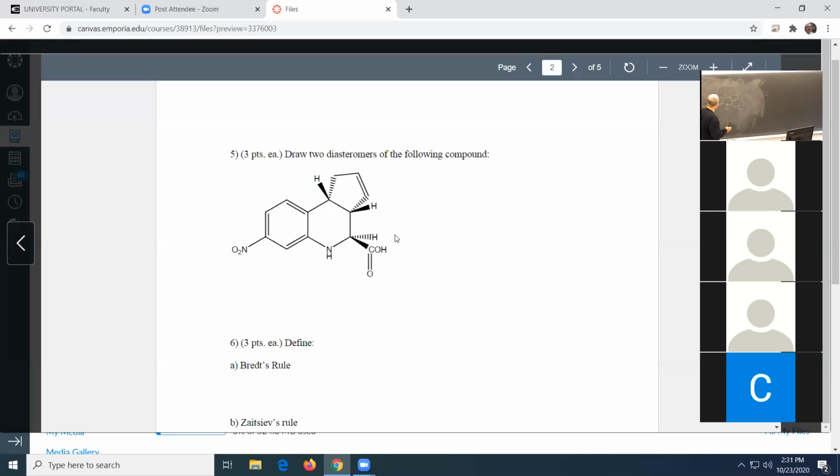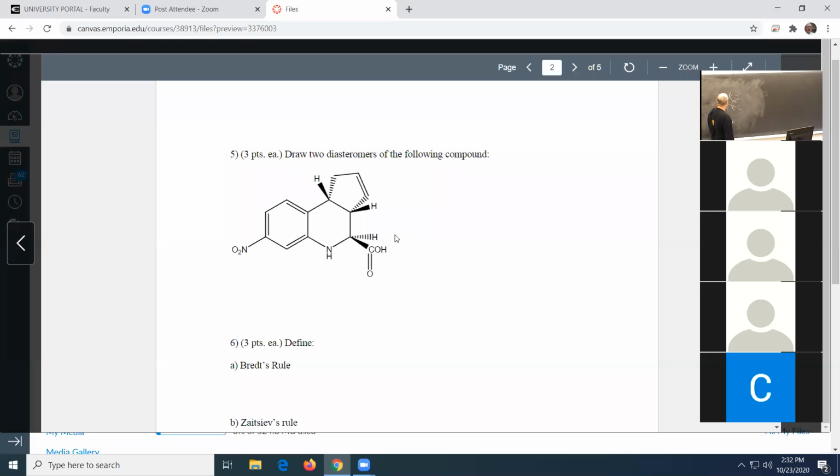So one possibility would be to keep this configuration the same, and then switch the configuration so that carboxylic acid is back and the hydrogen is forward. So that's one possibility.